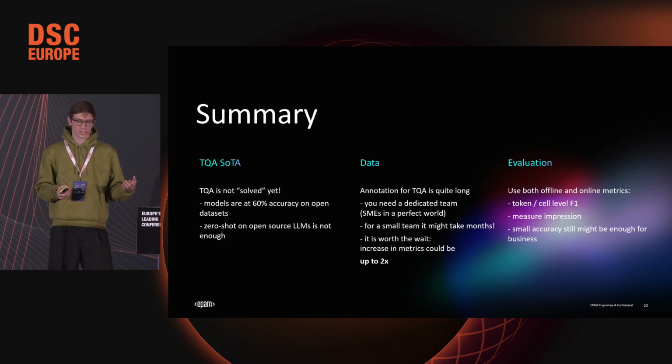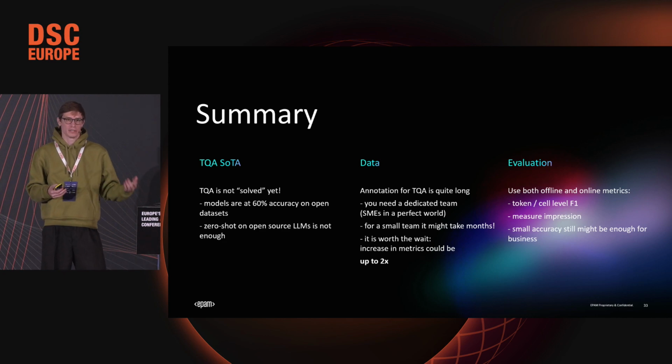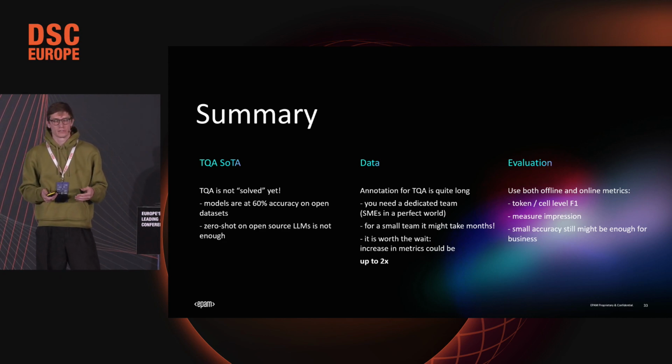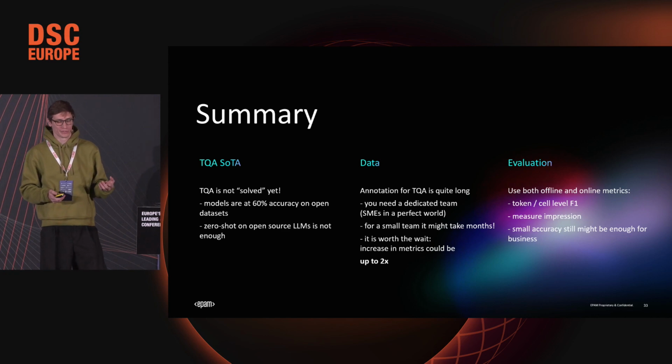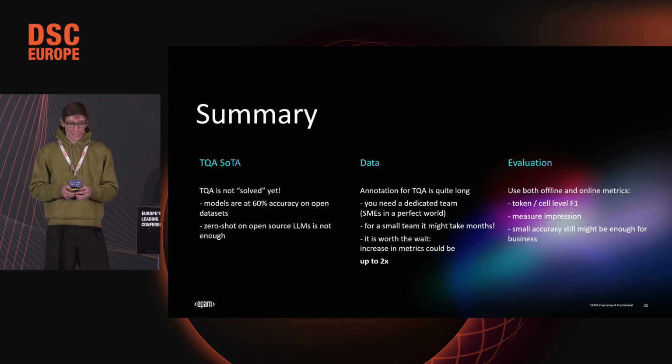But if you can just have a focus group, people trying your application, that also will give you a lot of information and feedback on how your raw metrics, like your F-scores, translate into actual usefulness of this feature in your product. And this means that sometimes small accuracies like ours are good enough for this feature to be in the product.